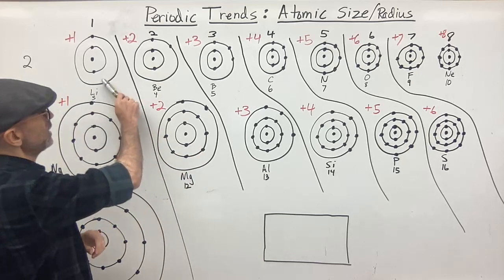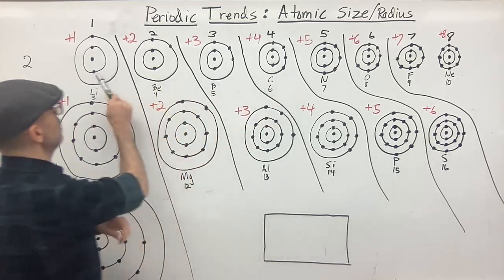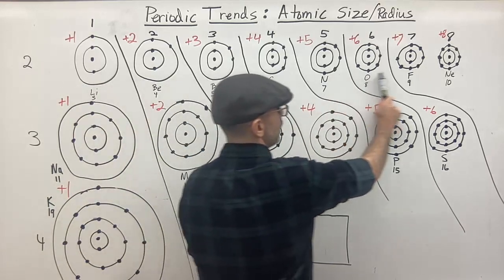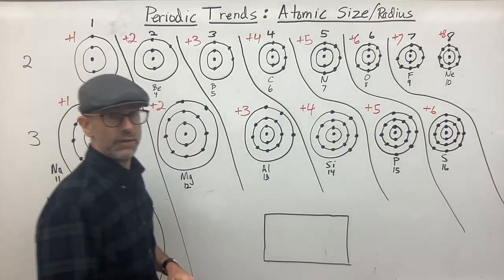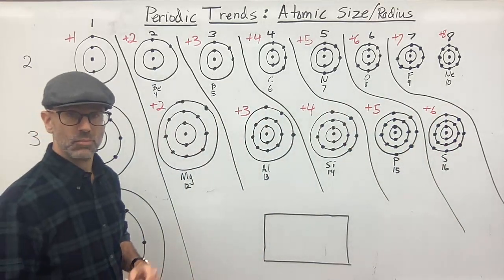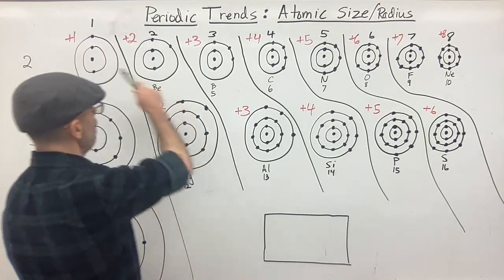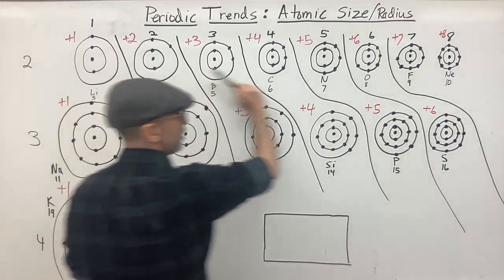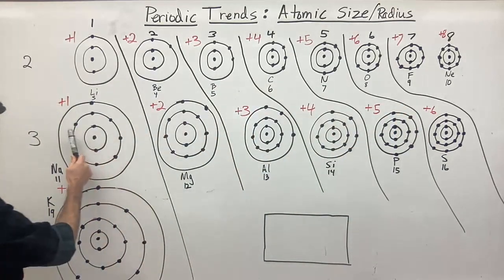You can see in the pictures that I drew that the size of the atom is gradually getting smaller from left to right. Okay, so that is a periodic trend going across the periodic table this way. And you can see that here too.